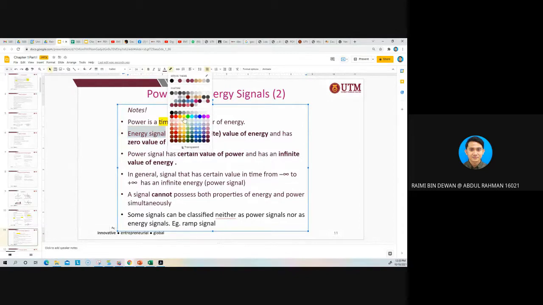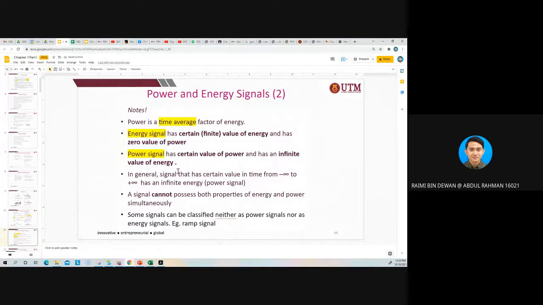If you don't like me highlighting, tell me. I will later save it as a PDF. A power signal has a certain value of power and has infinite energy. In general, a signal that has a certain value in time from negative infinity to positive infinity has infinite energy. So this one is in general.